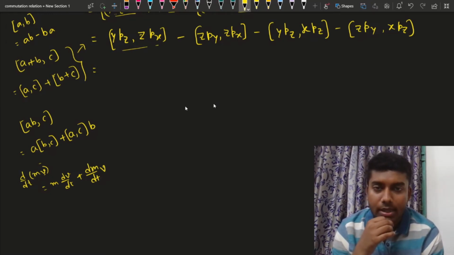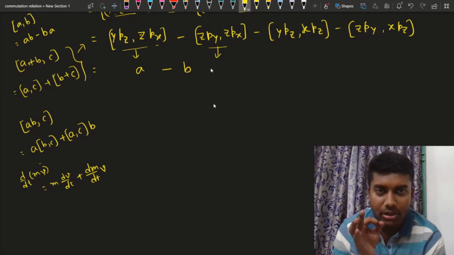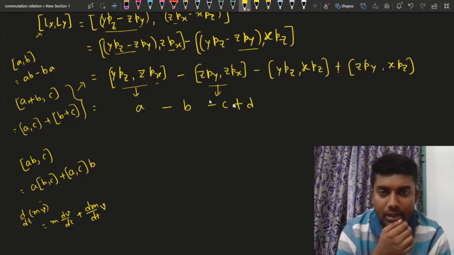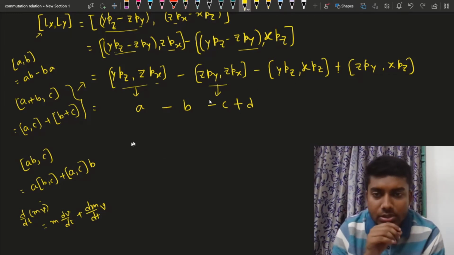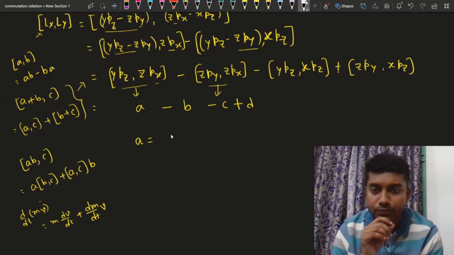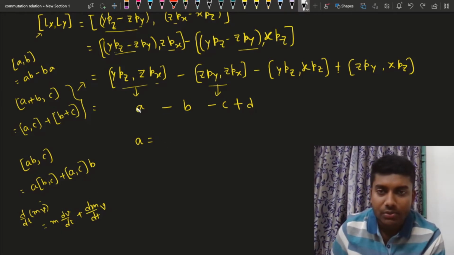Let us denote this total term as a and this total term as b. So a minus b, this total term with c, a minus b minus c minus b. There is a plus sign here, so I have to write plus. Now let us consider first a. What will be a? a is equal to this.